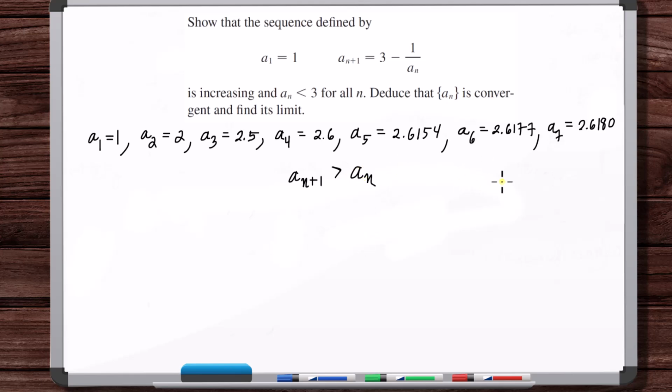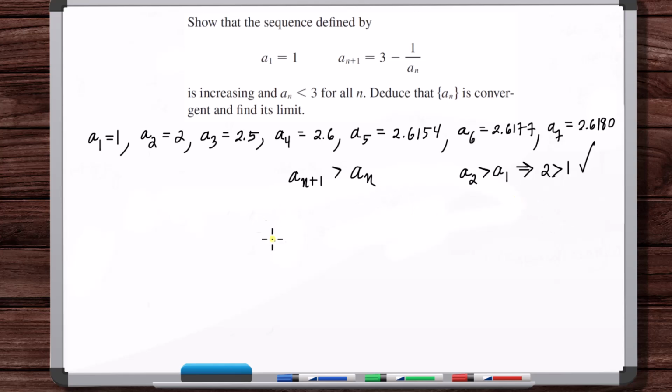With induction, we first show that this is true for a sub 1. When n is equal to 1, that means a sub 2 would be greater than a sub 1. A sub 2 is 2, a sub 1 is 1, and 2 is greater than 1.